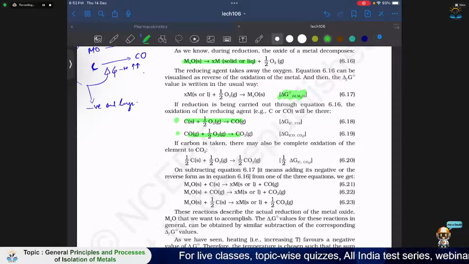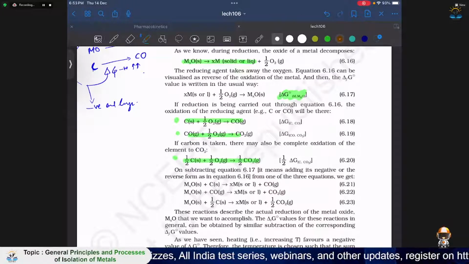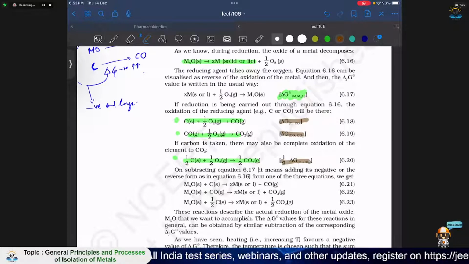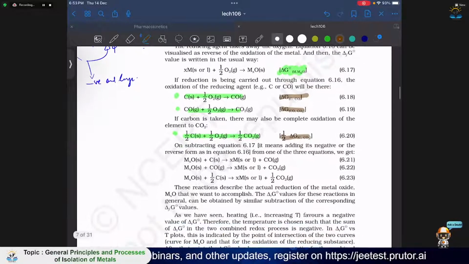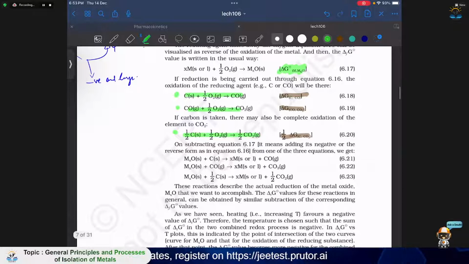If carbon is taken, so these two are reducing agents, either C or CO. Either carbon solid or carbon monoxide. Now, if carbon is taken, there might also be a complete oxidation to CO2. They have given one more delta G. So all these delta G are for the reducing agent reactions. Now subtract the equation from the first equation.